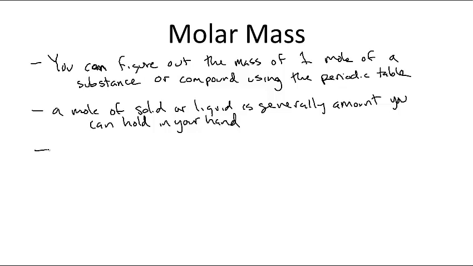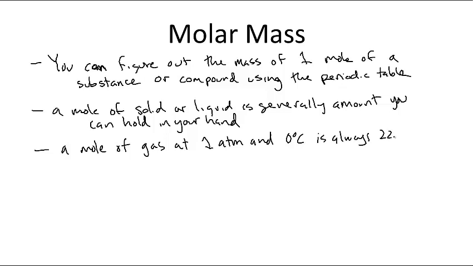And a mole of gas at 1 atm and 0 degrees C is always 22.4 liters. I remember back when I was in high school, we actually had to memorize that number. So any gas, doesn't matter what the identity is, at 1 atm and 0 degrees C is always 22.4 liters. So this gives you an idea of the scale of what 1 mole is.